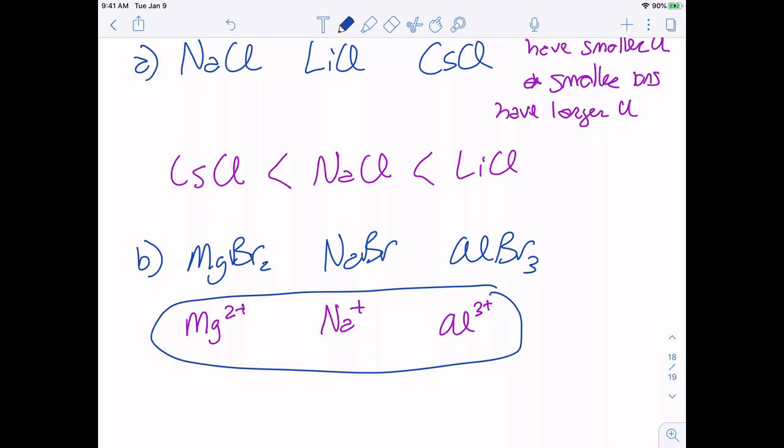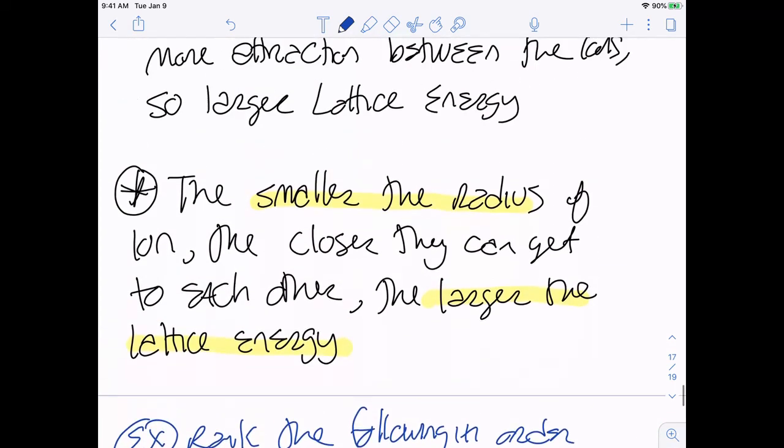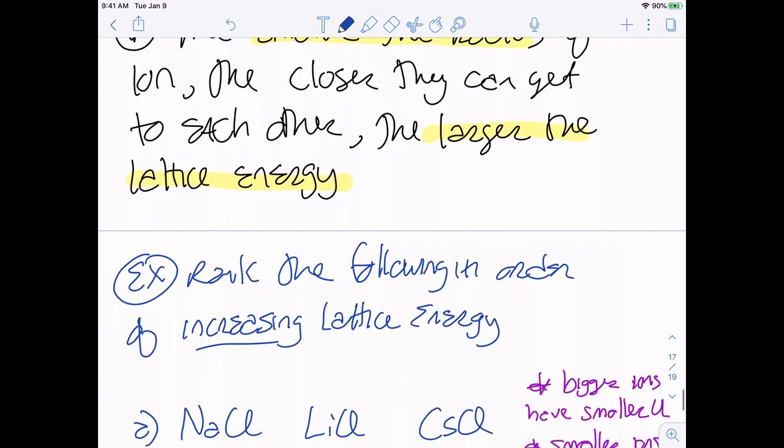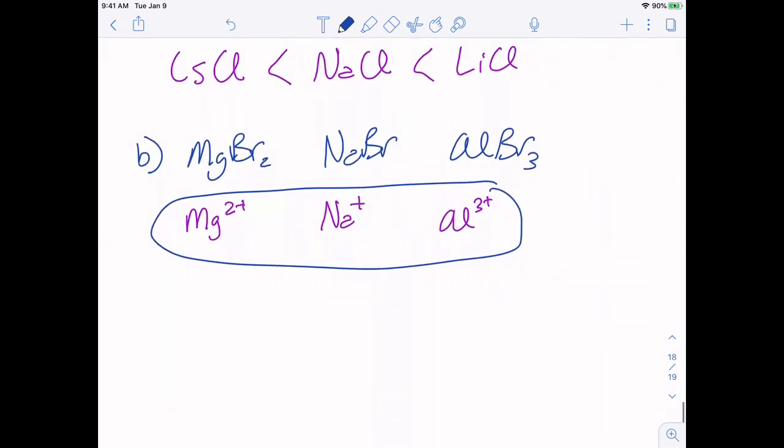So bromide's not changing, it's a -1 charge in all of them. The part that's changing is my cation. So I have magnesium with a +2, sodium with a +1, and aluminum with a +3. So we're going to use our charge trend on this one, right? The larger the charge, the more attraction between ions, so the larger my lattice energy. So since we want to go increasing, we want the smallest one first.